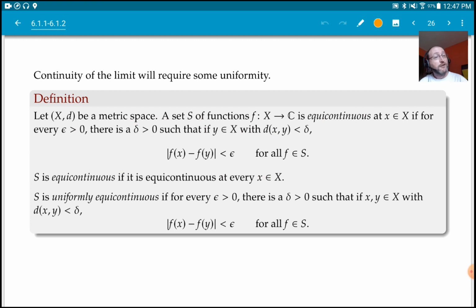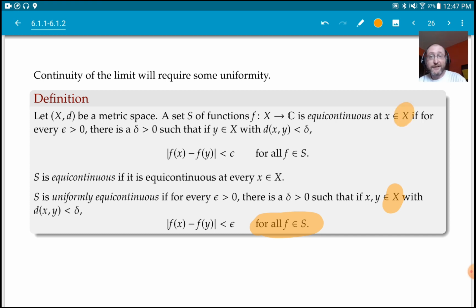Now, if we also get uniformity in the domain X, then we're going to call it uniformly equicontinuous. This is just like uniform continuity, except again, we add this for all f in S. So S is uniformly equicontinuous if, not at some point, but uniformly equicontinuous on X.